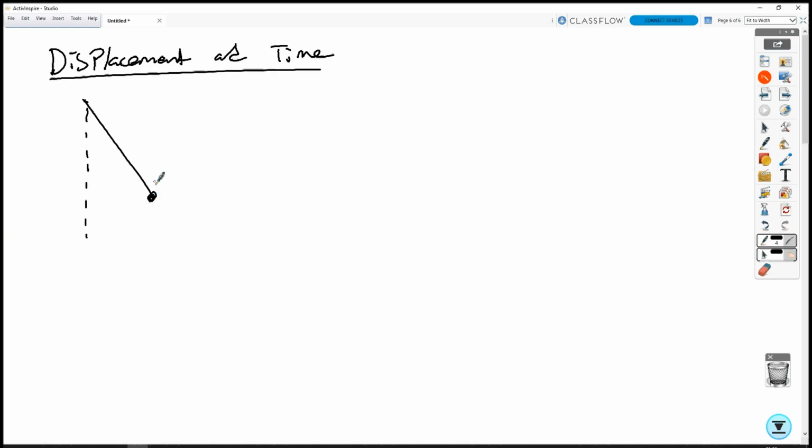So if we have here its maximum displacement, this is called A, the amplitude. Yeah? So amplitude, which is also the maximum displacement. And when we let it go, we start the clock at that position.